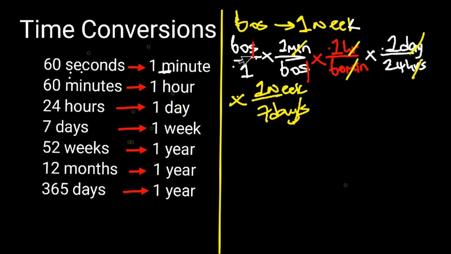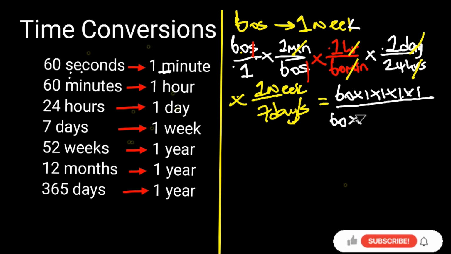So we are going to multiply 60 by 1 by 1 by 1 by 1, all over 60 times 60 times 24 times 7.